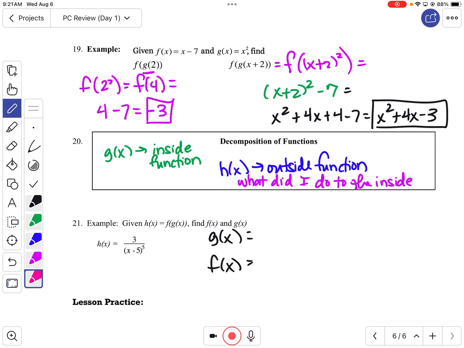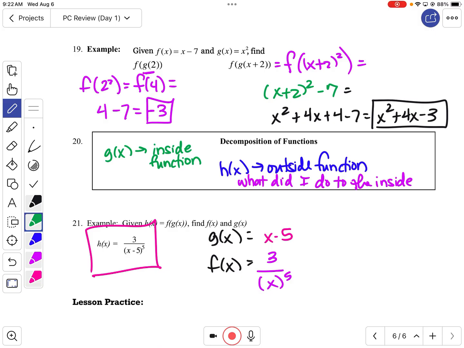What do we have here that is in a parenthesis or something crazy in our h function? Yeah, the x minus 5. That's probably what I would choose. And then what are we doing to that x minus 5? Well, there's a 3 on top, and then we're raising it to the 5th power, so we just put an x there, meaning that's what I'm raising to the 5th power.